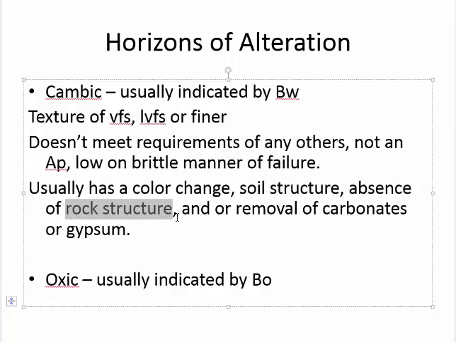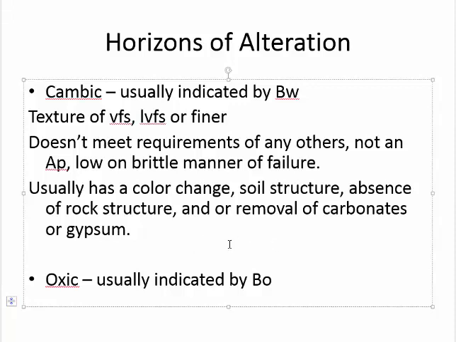However, rock structure, if you can imagine looking at a soil that was developed in a schist with its foliations, or perhaps slate or limestone with bedding planes, if you could see the bedding planes or foliations inherited from the rock material from which the soil was developed, that would be considered rock structure, not soil structure. So what they're saying here is that this soil has to be altered enough that you're not really looking at the rock structure. Some of that has been obliterated.